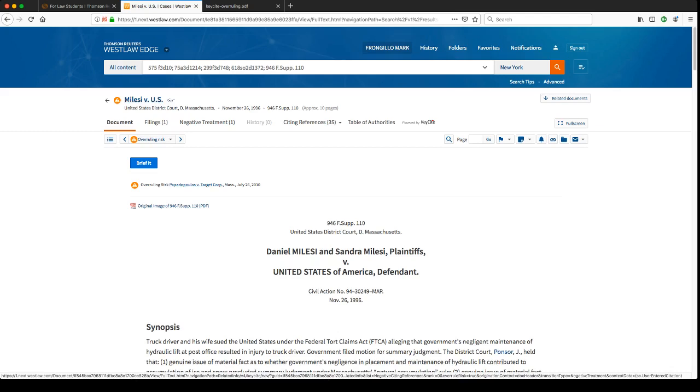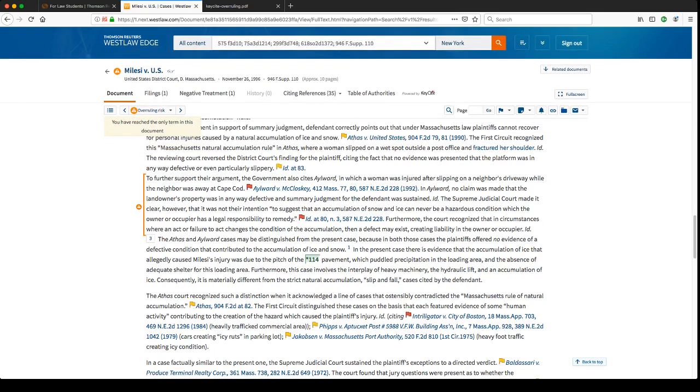Now, why is that? Well, here's a quick way of identifying the parts of Malesi or any case that are potentially not good anymore. When you pull up a case and it has an orange marker, click on the right arrow, and we take you into the opinion, and we are identifying the part of your case that is no longer good.